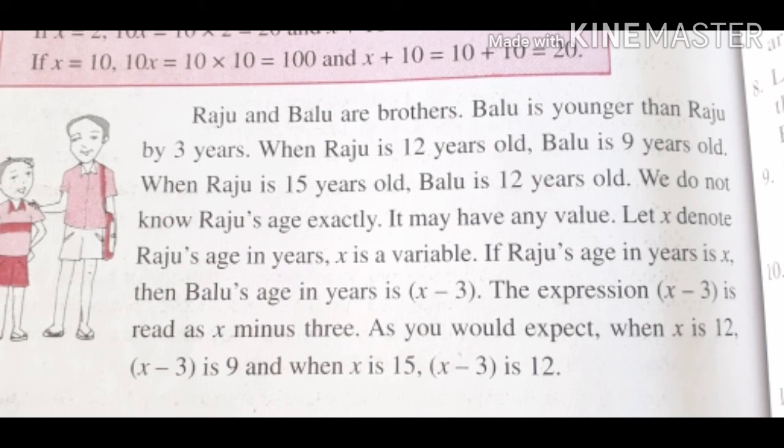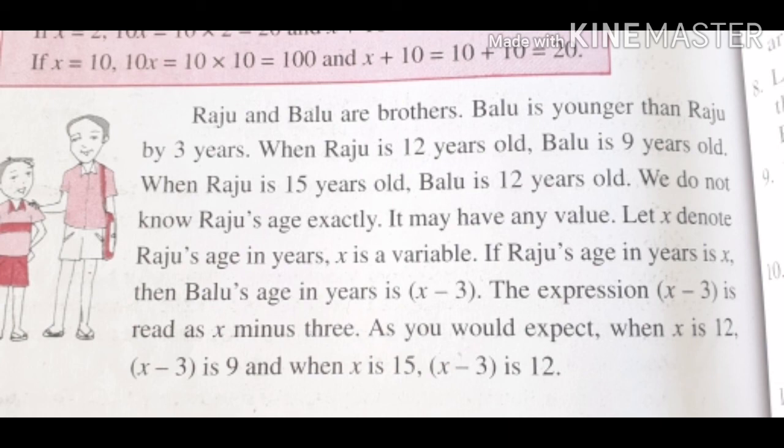When Raju is 12 years old, Balu is 9 years because Balu is younger by 3 years. When Raju is 15 years old, Balu is 12 years old. We do not know Raju's age exactly because Raju's age keeps increasing, and so Balu's age will also increase.